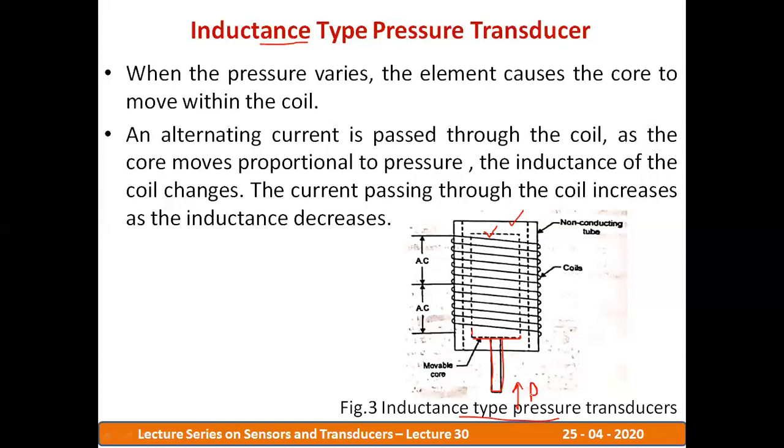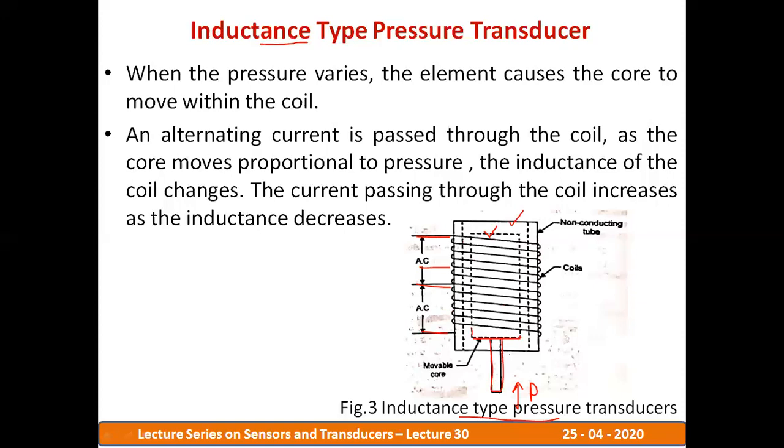When the rod is moved, the core present inside the non-conducting tube is going to move. On the outer side we have wound the coil, and to the coils we are giving the alternating supply.